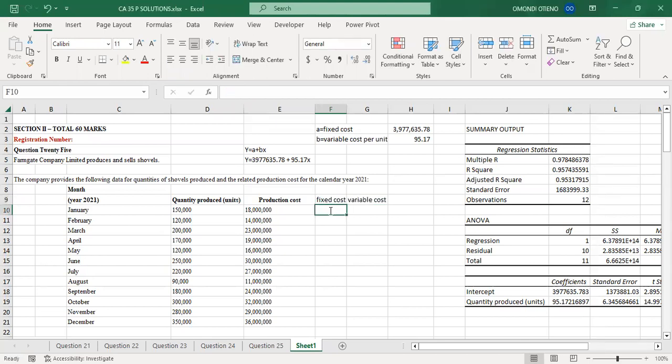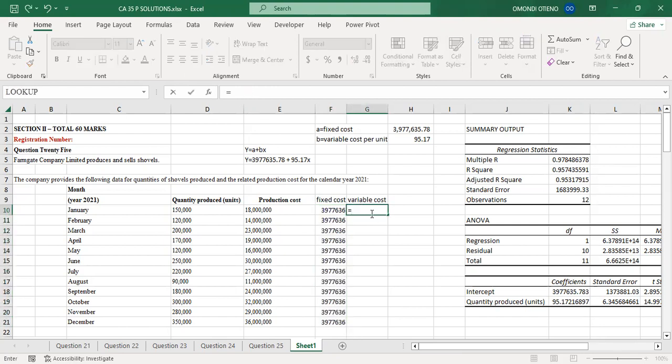So we've said our fixed cost is what we are now picking from this, and we simply log the whole of it. It will not change. So that is what we have as our fixed cost, constant all through. About variable cost, our variable costs here will be the variable cost per unit, which we are going to log, but then we multiply by the units produced.